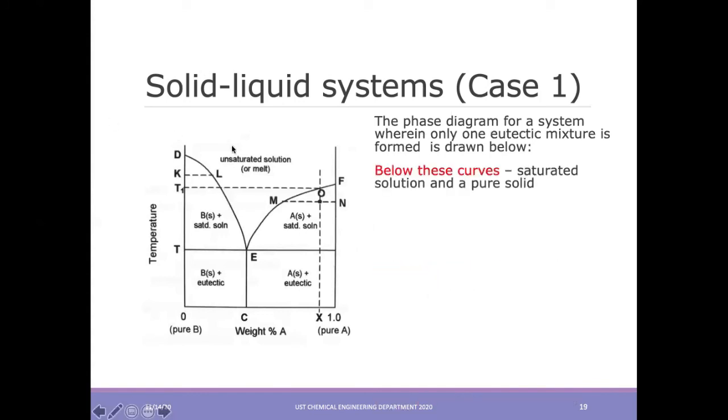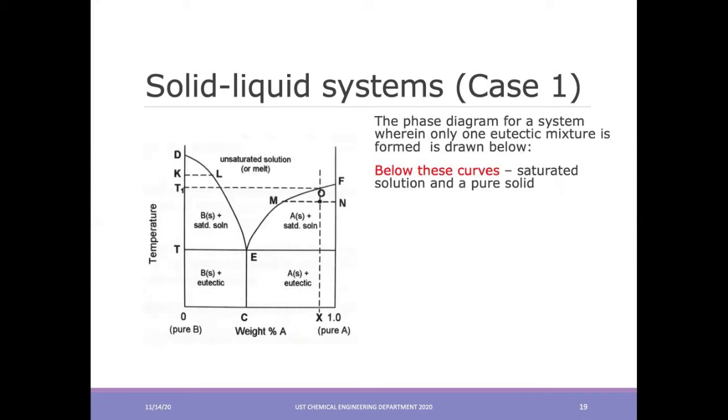Below these curves, below the unsaturated solution, we have what we call a saturated solution and a pure solid that separates from the solution at a particular temperature. In here, we have 2 phases, thus the degree of freedom is 1.